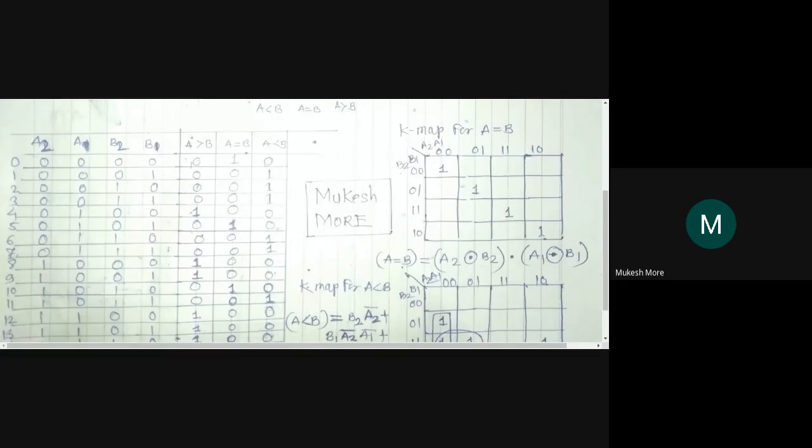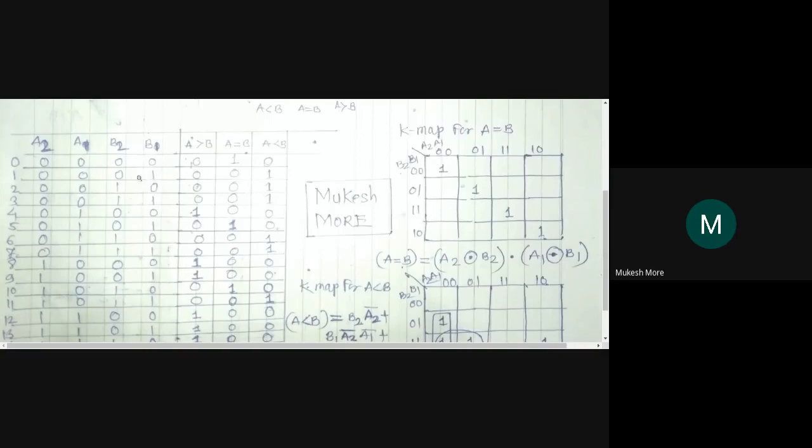Now the second entry: A2 is equal to 0, A1 is 0, B2 is 0, B1 is 1.